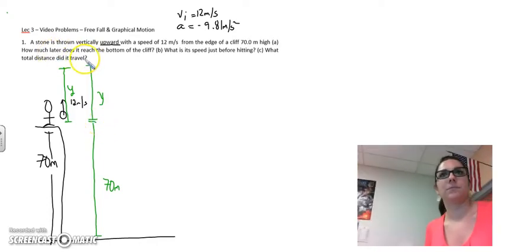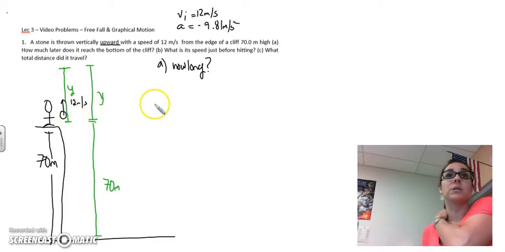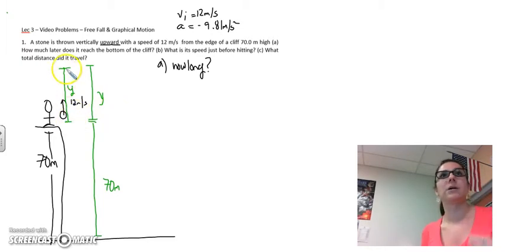How much later? So we're looking for time. So part A is how long, basically. Okay, to do the how long, the way I'm going to do it is break it up almost like 3 parts here. I'm going to use what is called symmetry, and that's just a big word to say that I know whatever this does is going to be the same in terms of time.